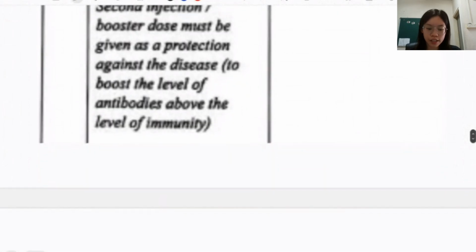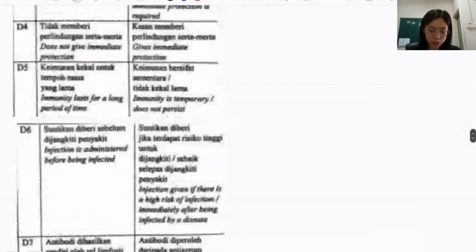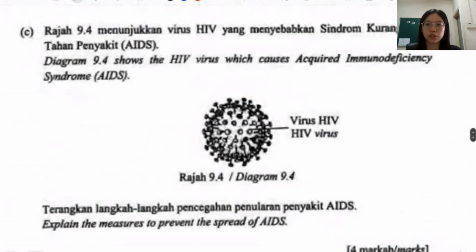All right, moving on to this last question, which is about measures to prevent the spread of AIDS. They just show you the HIV, so you just mention the measures to prevent it. We learned how HIV is transmitted: it is a sexually transmitted disease (STD).